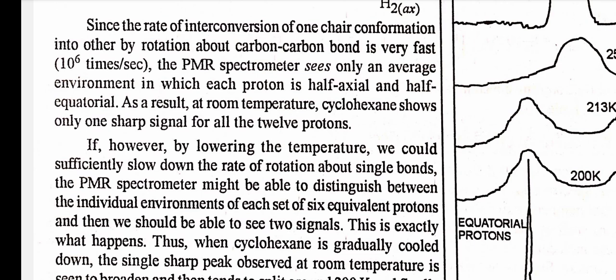As a result, at room temperature, cyclohexane shows only one sharp signal for all the 12 protons. If, however, by lowering the temperature, we could sufficiently slow down the rate of rotation about single bonds, the PMR spectrometer might be able to distinguish between the individual environments of each set of 6 equivalent protons, and then we should be able to see two signals. This is exactly what happens.